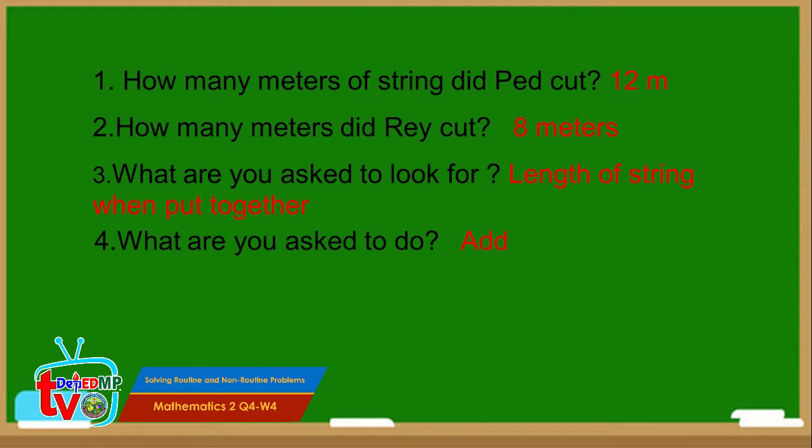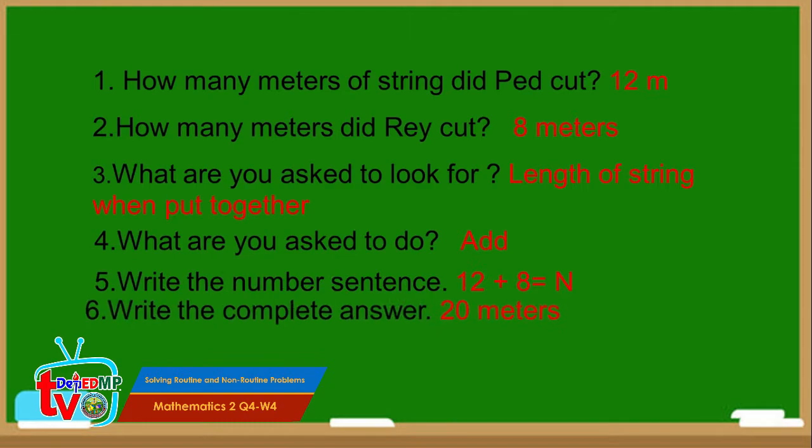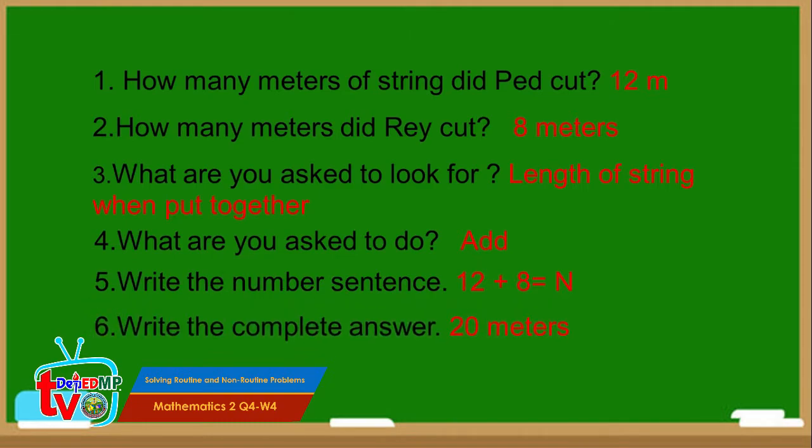And number 4, what are you asked to do? You're going to add. Number 5, write the number sentence. The number sentence is 12 plus 8 equals n. And then number 6, what is the complete answer? 20 meters. Did you get it all correct?